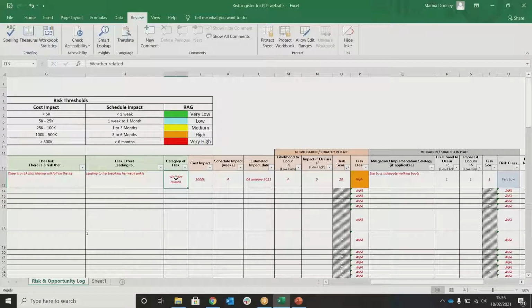And if it's weather related, would you be going to find the information about cost impact from that person in that category? Or is that somebody who just deals with finances?